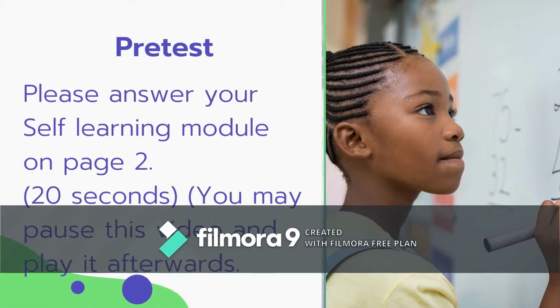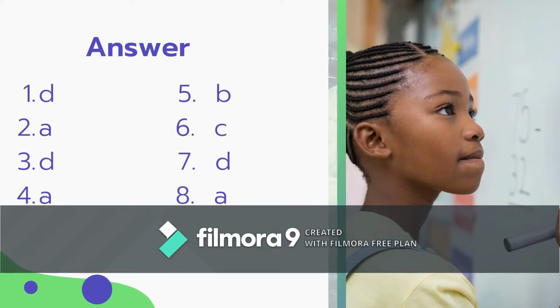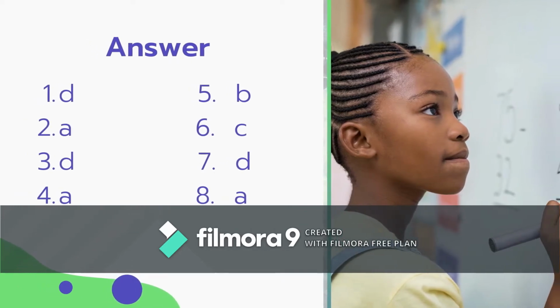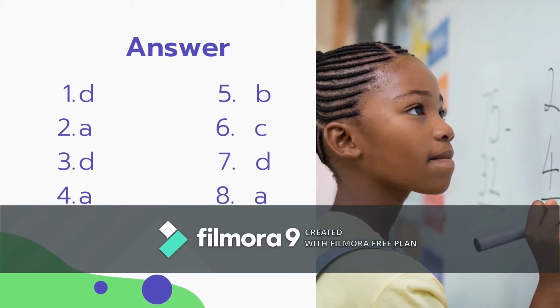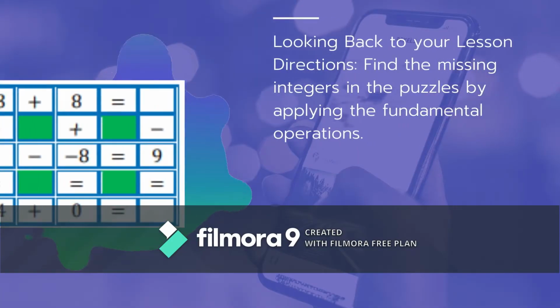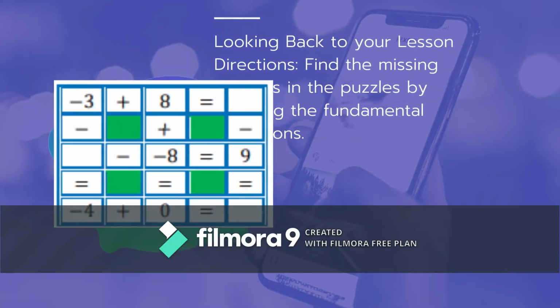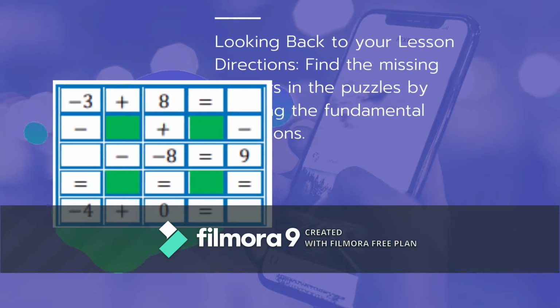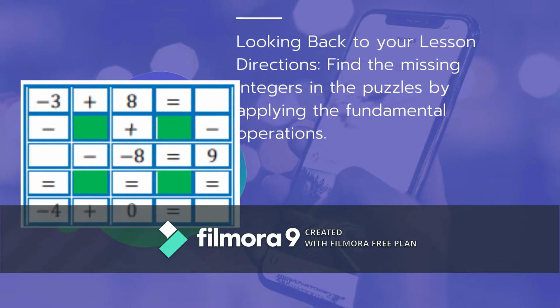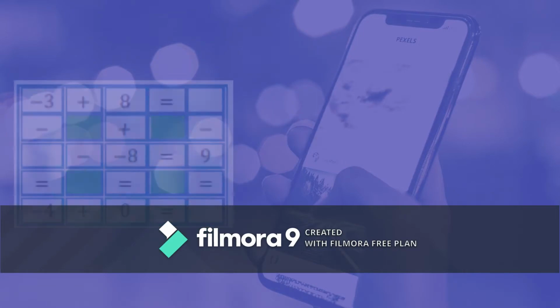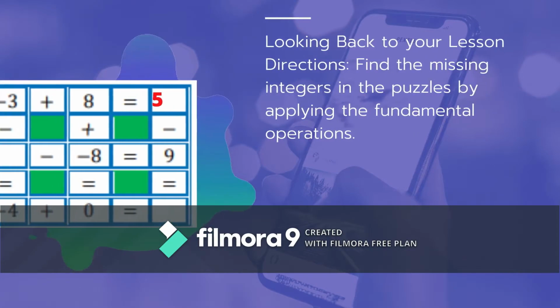Pretest. Please answer your self-learning module on page 2 in 20 seconds. Looking back to your lesson, directions. Find the missing integers in the puzzles by applying the fundamental operations. Let us start with the horizontal.